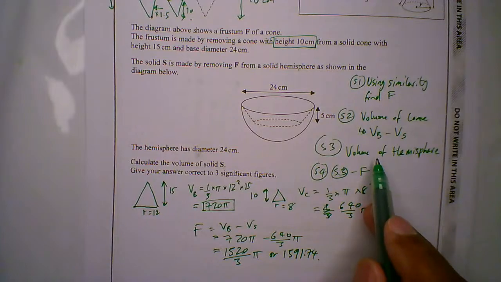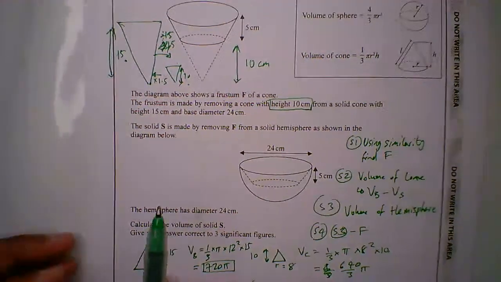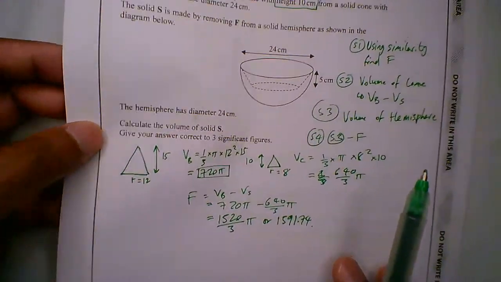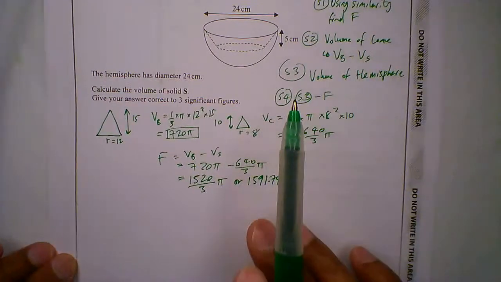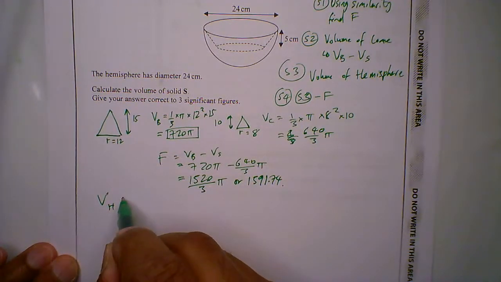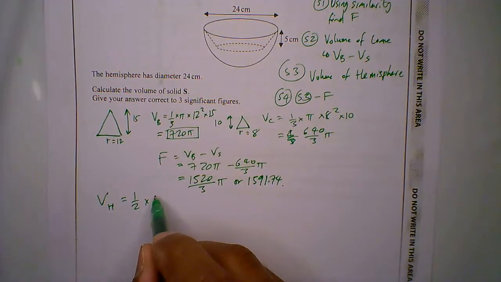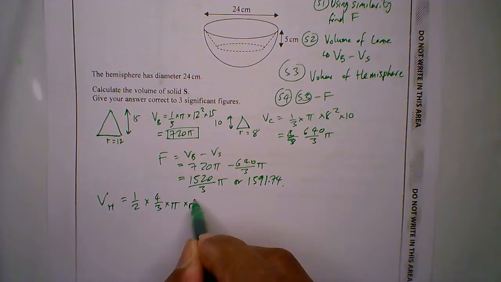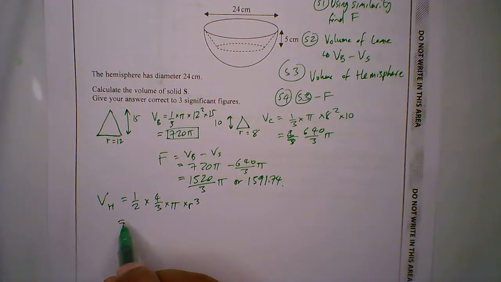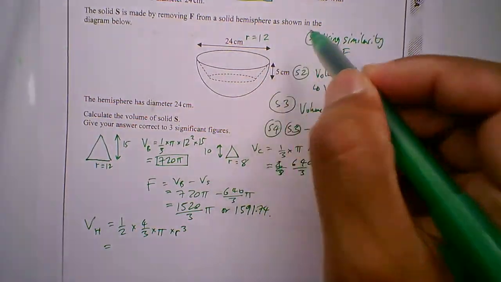Now we need to look at the volume of the hemisphere. If we use the sphere, we're just halving that formula. So the volume of the hemisphere equals half, and then I'm going to be using the volume of the sphere. So half times 4/3 times pi times radius cubed. My radius for this is going to be 12.